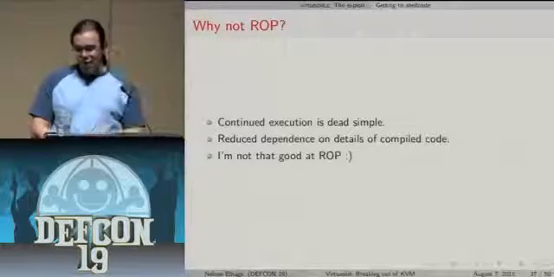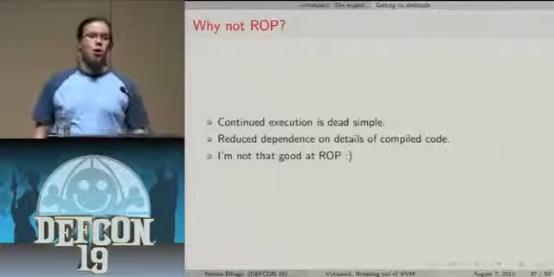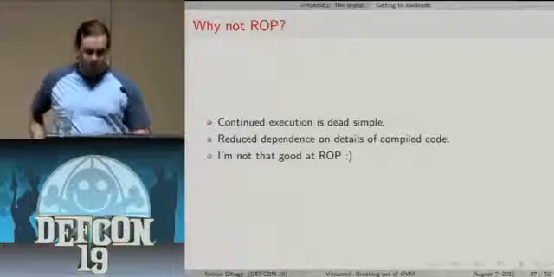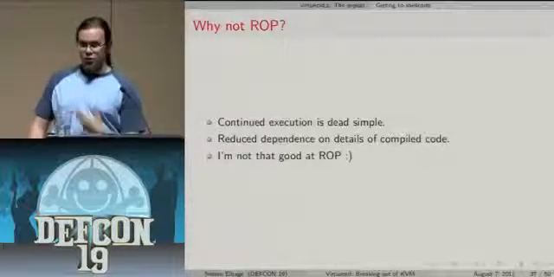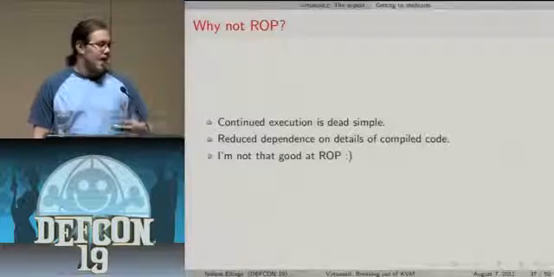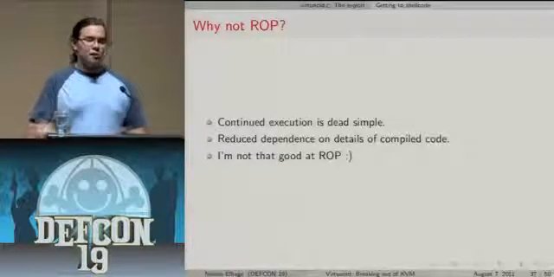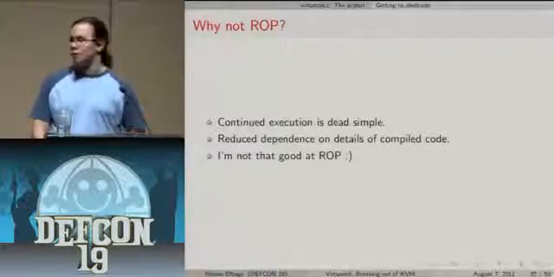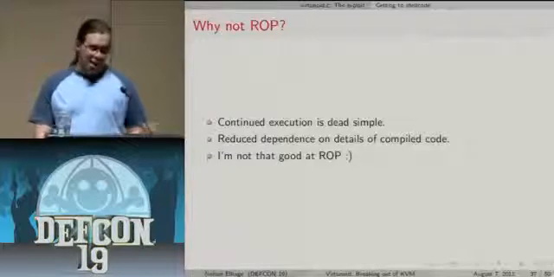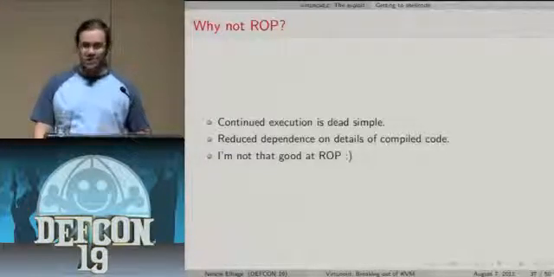And so if you want to try to find ROP gadgets across every single one, it's a fair amount of work, and there aren't yet great tools for doing this in a completely automated fashion on Linux. Whereas here, I just need to look at the source, and then I just need to grab the symbol table from all of those different versions, and I have all of the addresses I need, because they're just functions that exist in the C code, and so are more or less preserved across compilation by different versions. And then finally, the cop-out answer is that I'm just personally not that good at ROP. I don't know great tools for doing it on Linux, and so I decided to try something different.